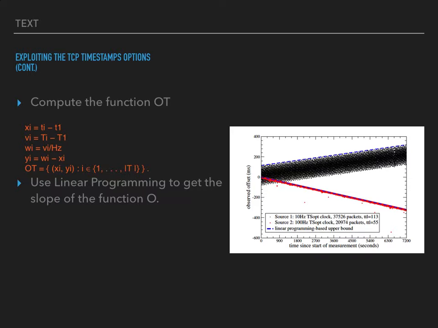The small t is the time in seconds at which the fingerprinter observes the packet, and it uses linear programming to get the slope of the function O. The blue upper bound shown in the picture, along with the black and red bars, is the slope of the function O, which is the clock skew, and that is the fingerprint of the device.